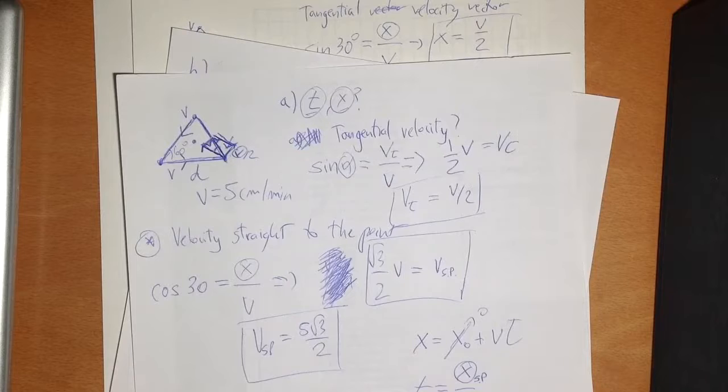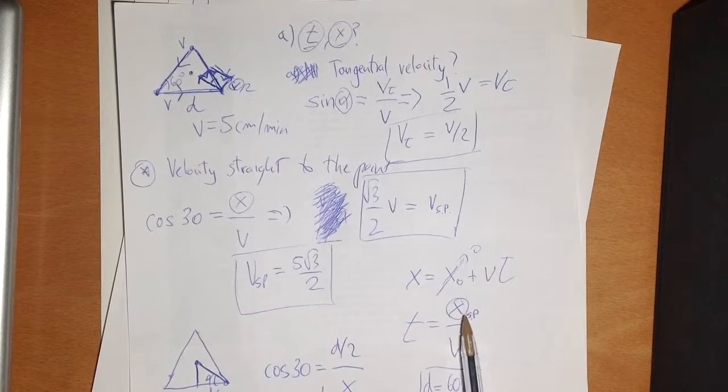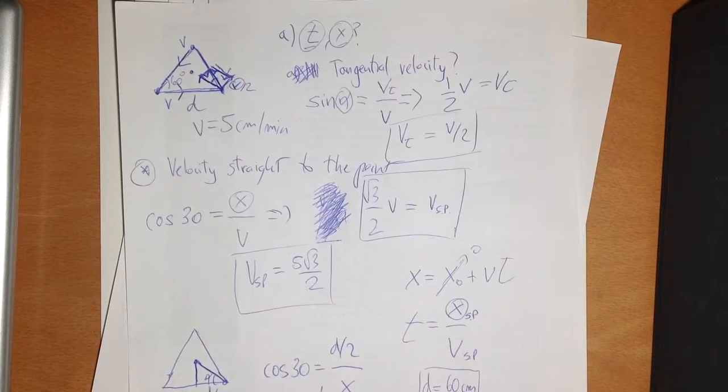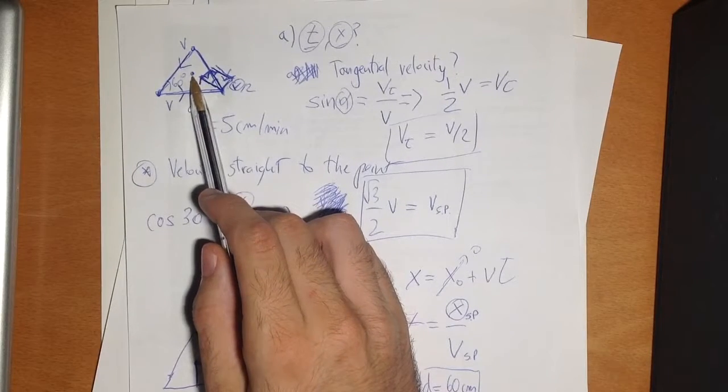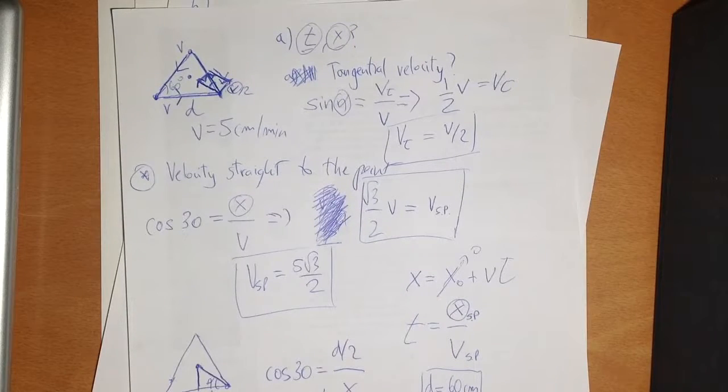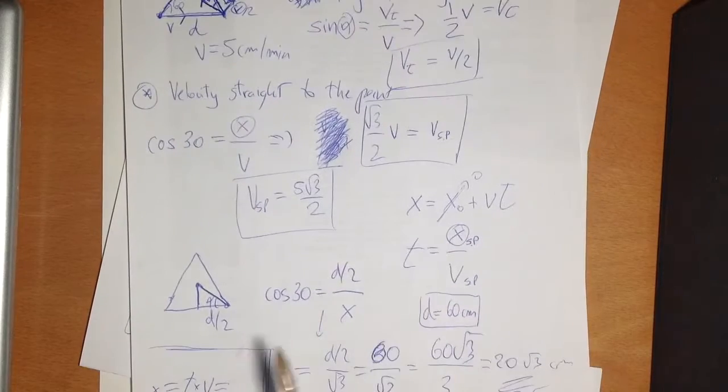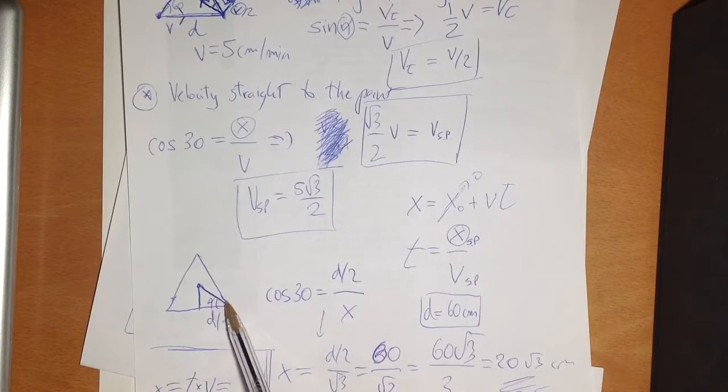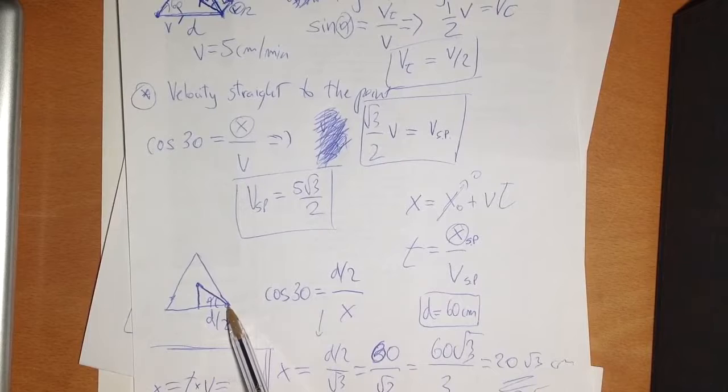Now that we have the velocity straight to the point, we have to find the space straight to the point in order to find the time the snails take to meet each other, or what is the same, to reach this centroid. But first, we have to find this distance. We just have to find this position vector from this vertex.